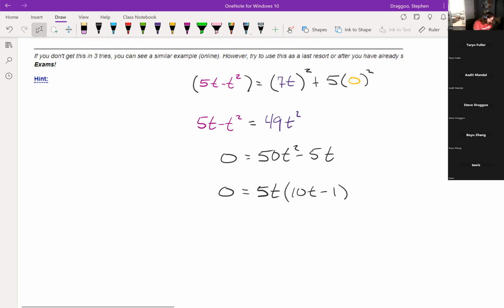And we'll have a pair of solutions. On the one hand, t equals 0. Or on the other hand, t equals 1/10. From the zero product principle, we just need to set those individual factors equal to 0.